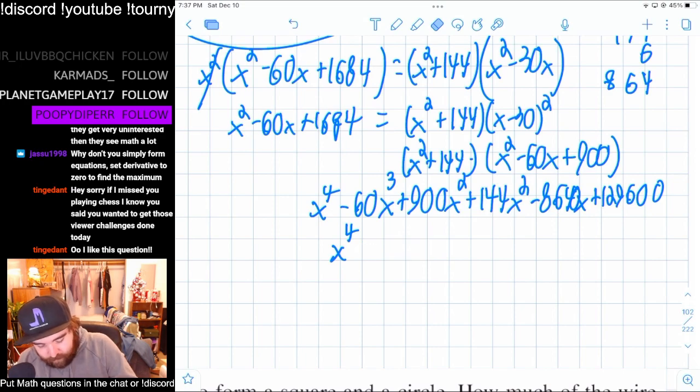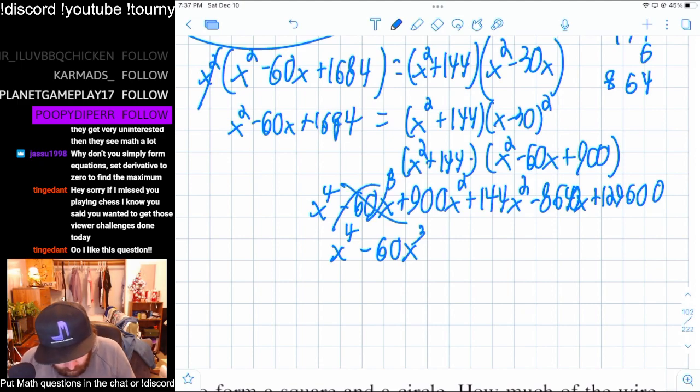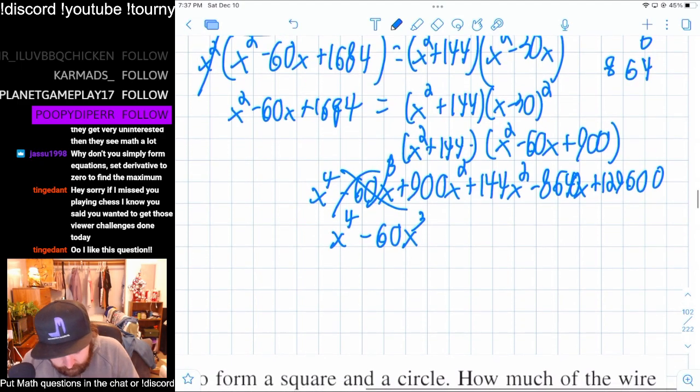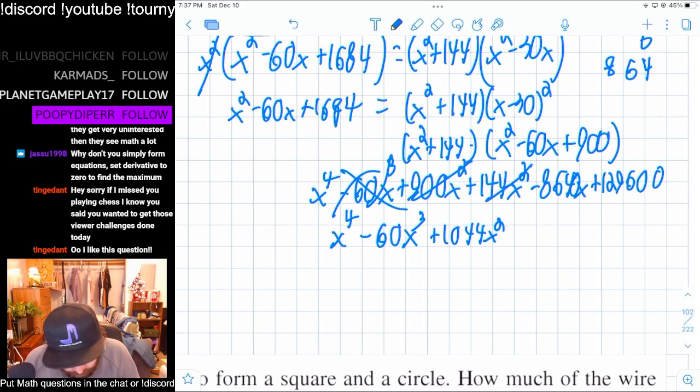So I'm not sure if that was even right. Oh, it was. So minus 60x cubed. I got that. And then the x squareds. So that was 1044x squared. We got those. And then the x's. There's only one x. Negative 8640x.